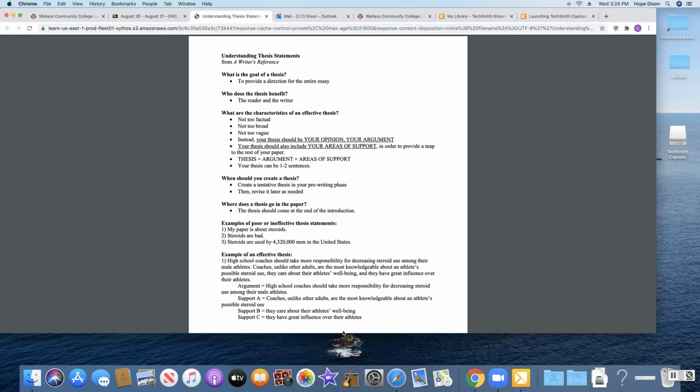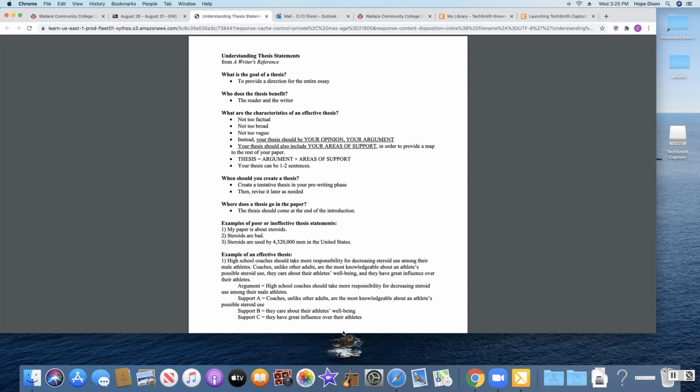And if you'll notice in the next sentence, we get how the writer is going to support that argument. Coaches are the most knowledgeable about an athlete's possible steroid use. They care about their athletes' well-being, and they have great influence over their athletes.